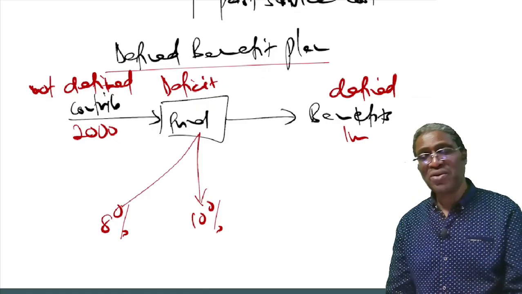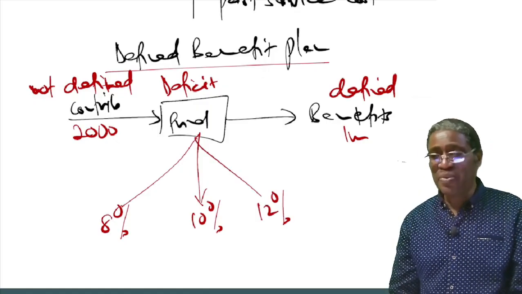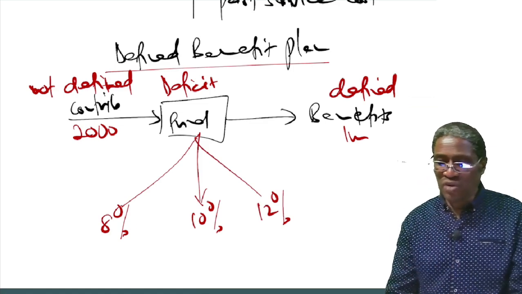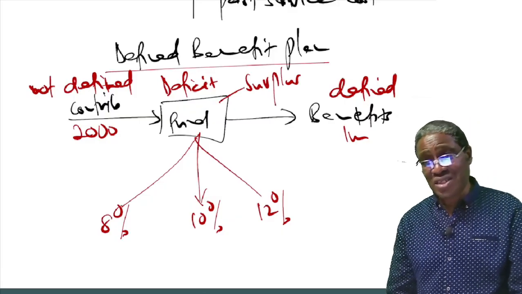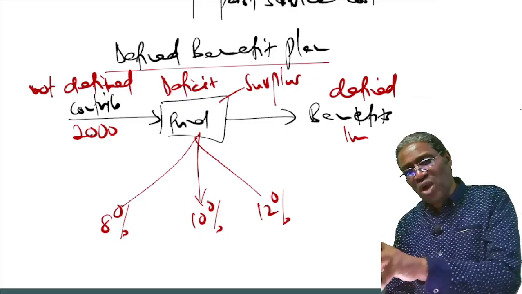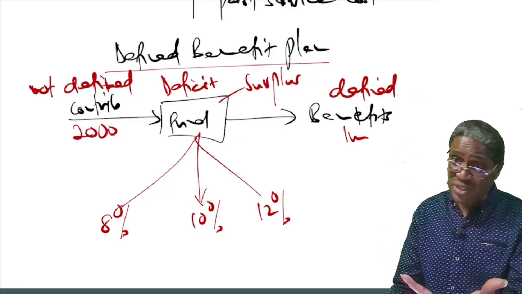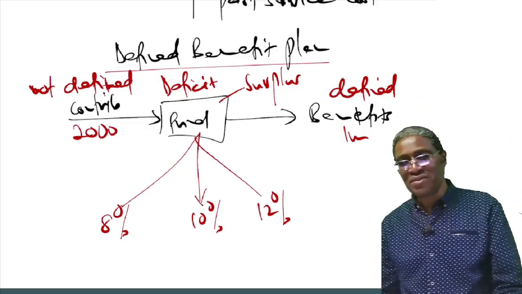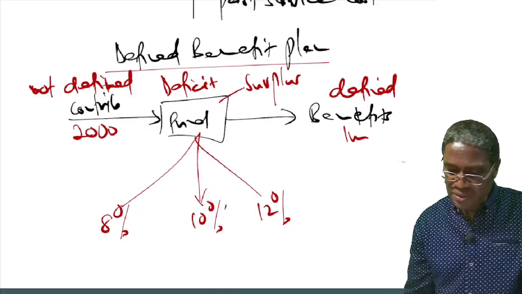Are we there? Good. Then I told you, what if your fund is no longer earning 10%, but earning 12%? Then your fund will have a surplus. When your fund has a surplus, the employer will be required to take a contribution holiday until we utilize the surplus. Good. Now listen. We expected a return of 10%.